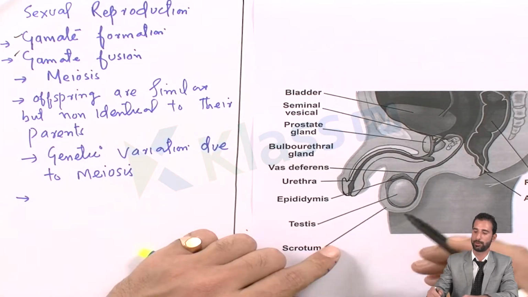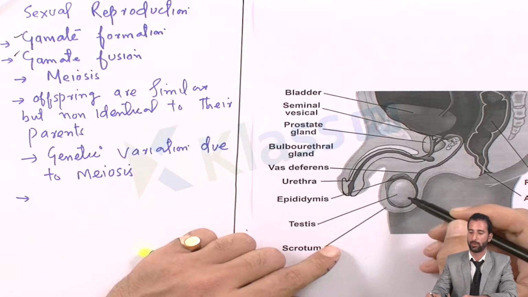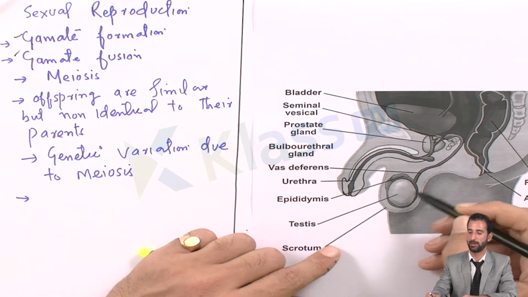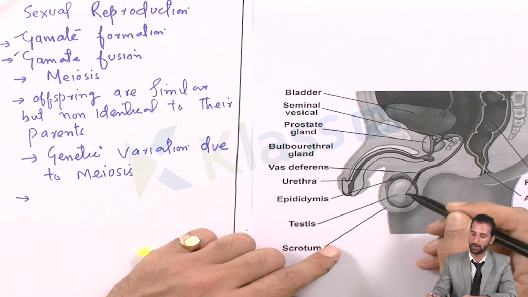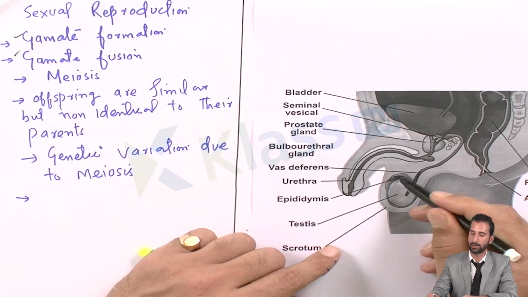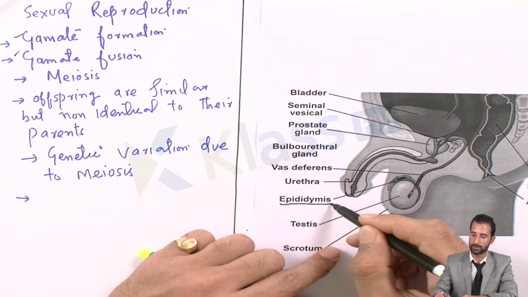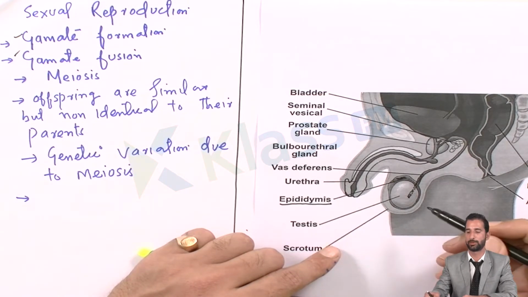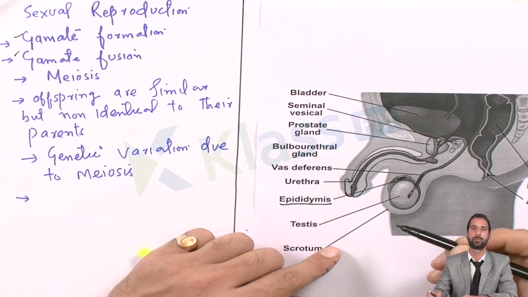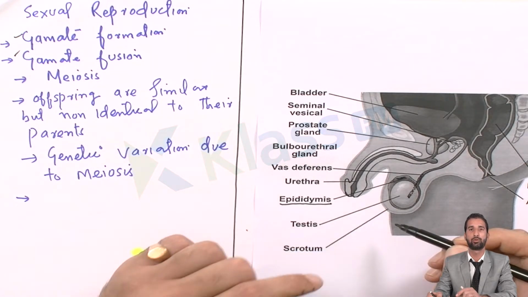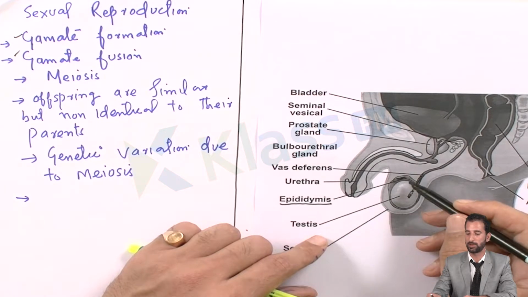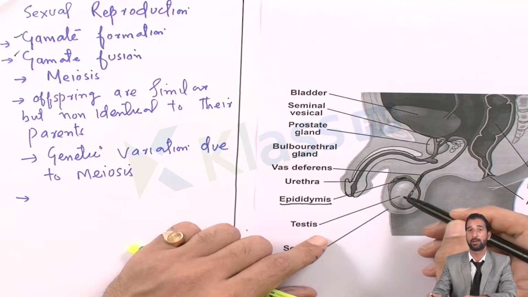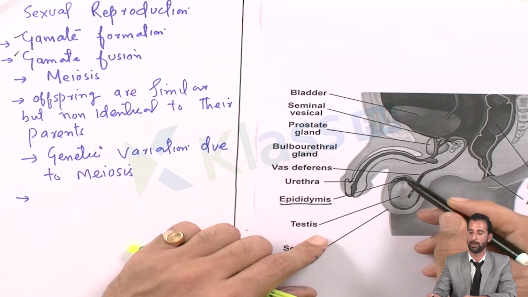After that, these sperms are transported from the seminiferous tubules into a coiled tube-like structure called the epididymis. The sperms are transported by a tube-like structure called the vasa efferens, from the site of their synthesis to the epididymis.